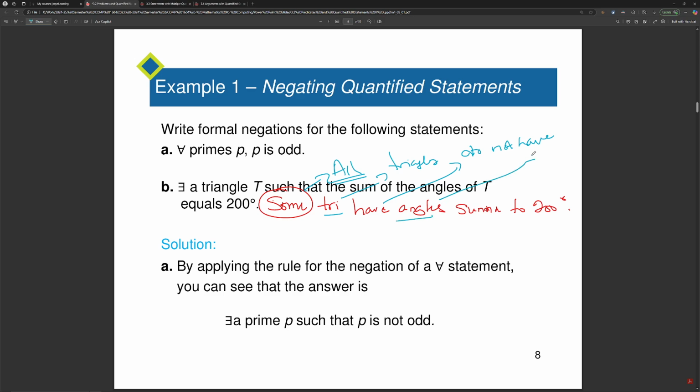Angles will remain the same. Angles summing to 200 degrees. Okay, so some triangles have angles summing to 200 degrees. So the negation, all triangles do not have angles summing to 200 degrees. So that's the negation, right?